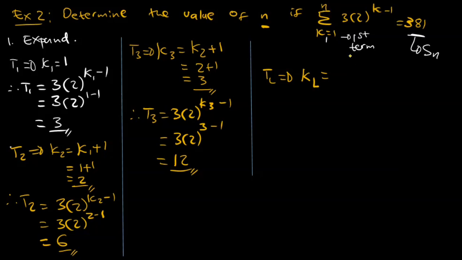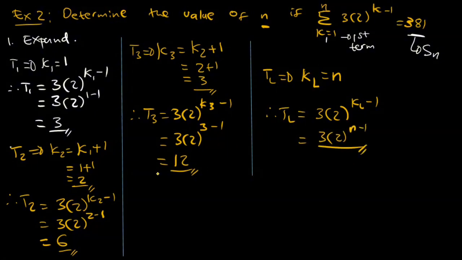I don't have a number there, I have N. So the last term will be, take the expression as is, KL minus 1, where KL is N minus 1.